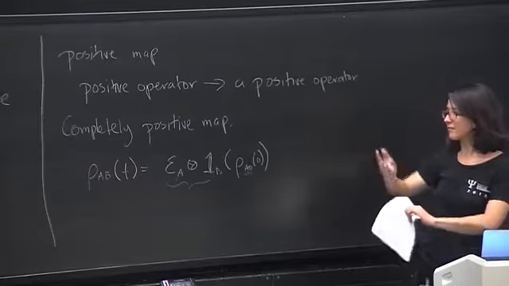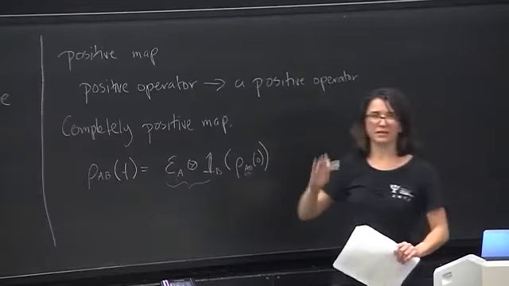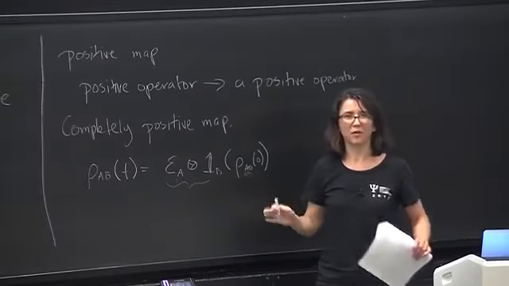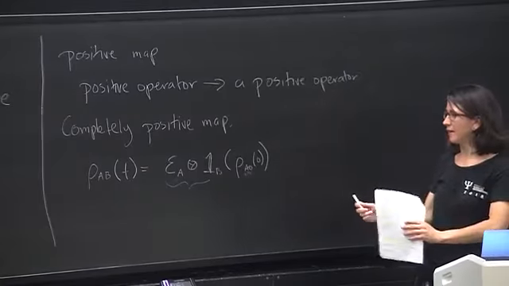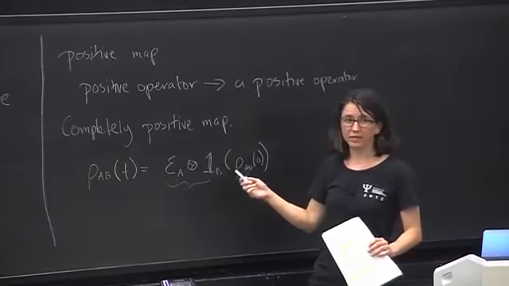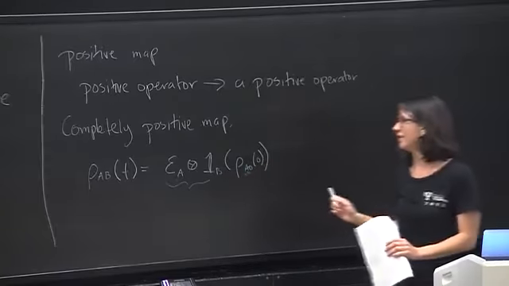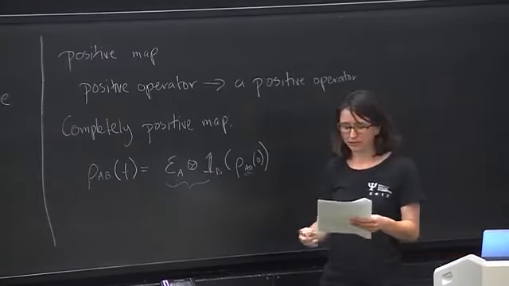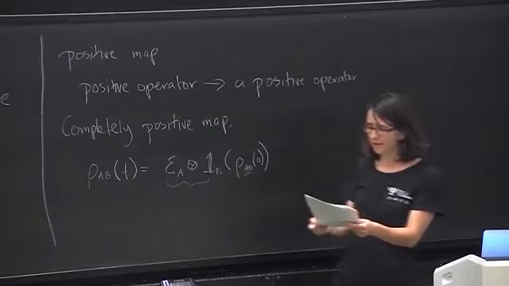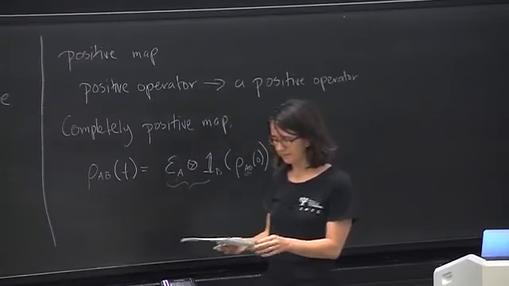So if that doesn't make sense right now, don't worry about it, because it'll become totally clear tomorrow when we talk about composite systems and look at some examples of maps that are positive but not completely positive. And I'll give you a physical motivation for why this is important. But right now, just take it as a definition.